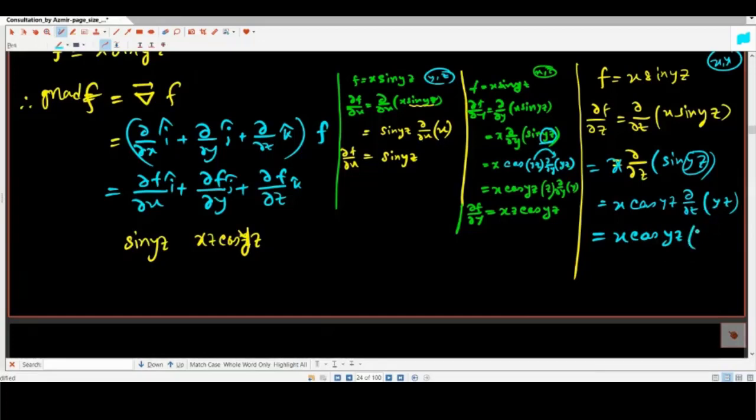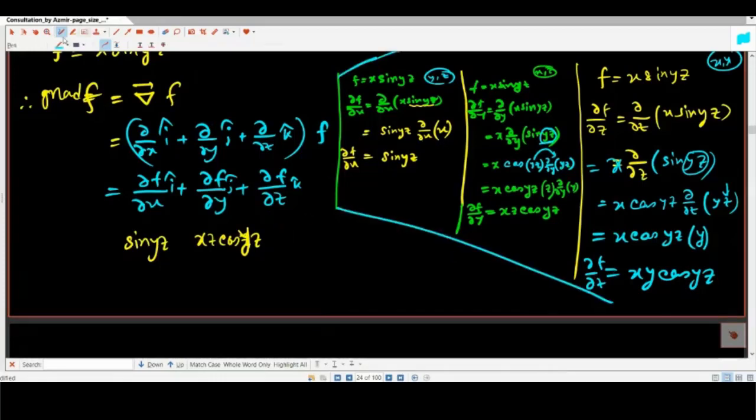Y is constant, so y can be pulled out, and the differentiation of z in terms of z is 1. So we have xy cosine yz. This is df/dz. So df/dz is xy cosine yz.